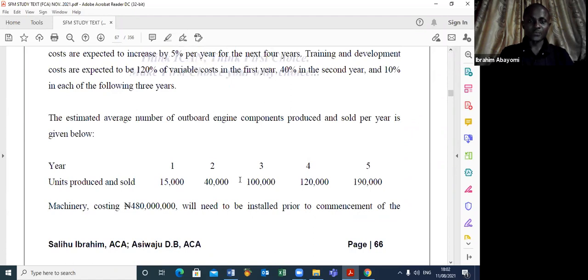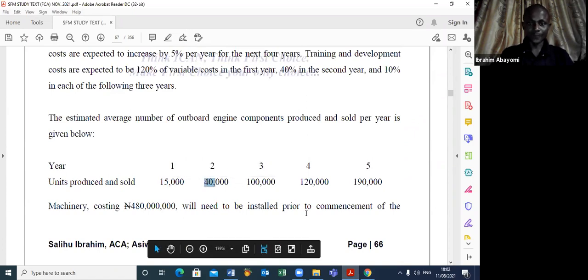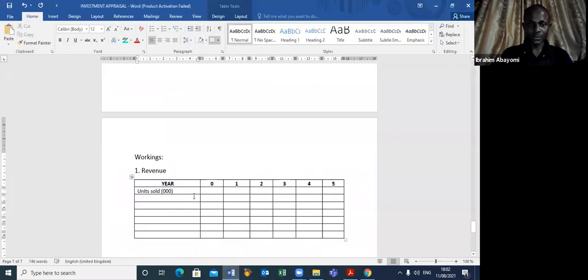So 15, 40. I'm working in 1,000, so I will just pick 15, 40, 100, 120, and 190. 15, 40, 100. So I have 15. I have 40, 100. Just give me the remaining 3, please.